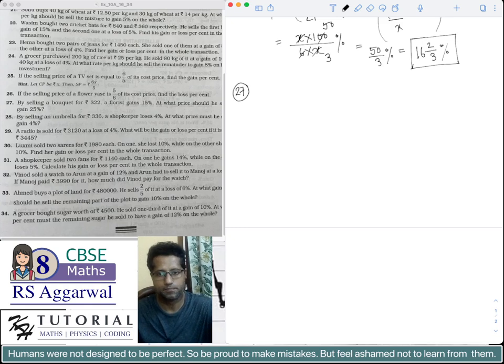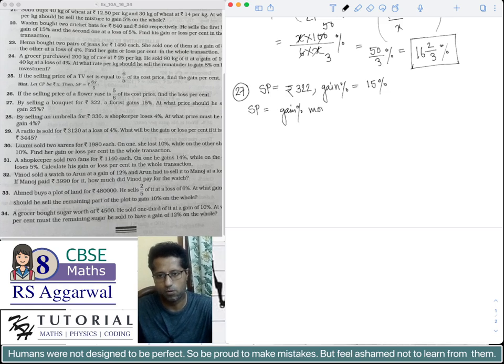So it is given SP is equal to rupees 322, and gain percent is given to be 15%. So we know that if there is a gain, SP is equal to gain percent more than CP.